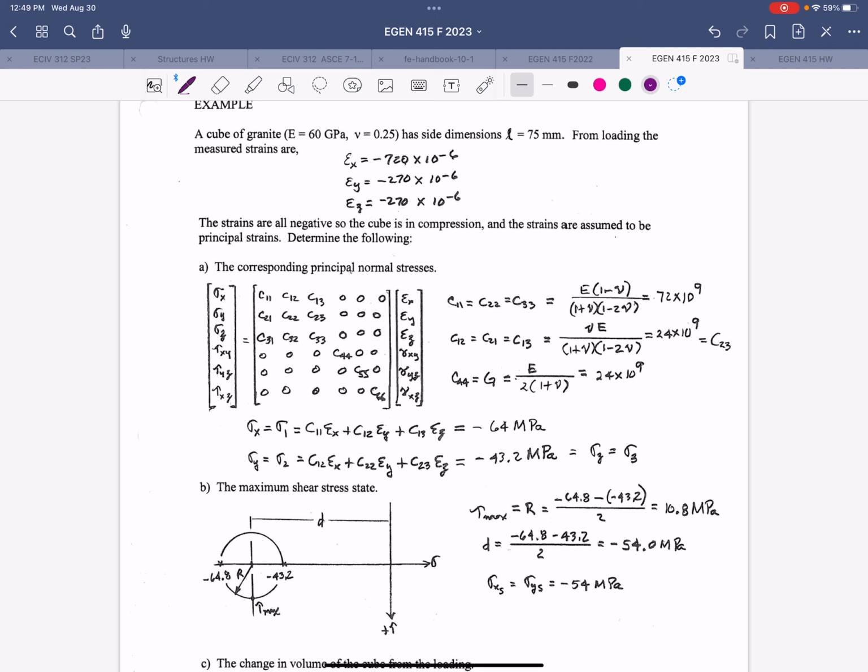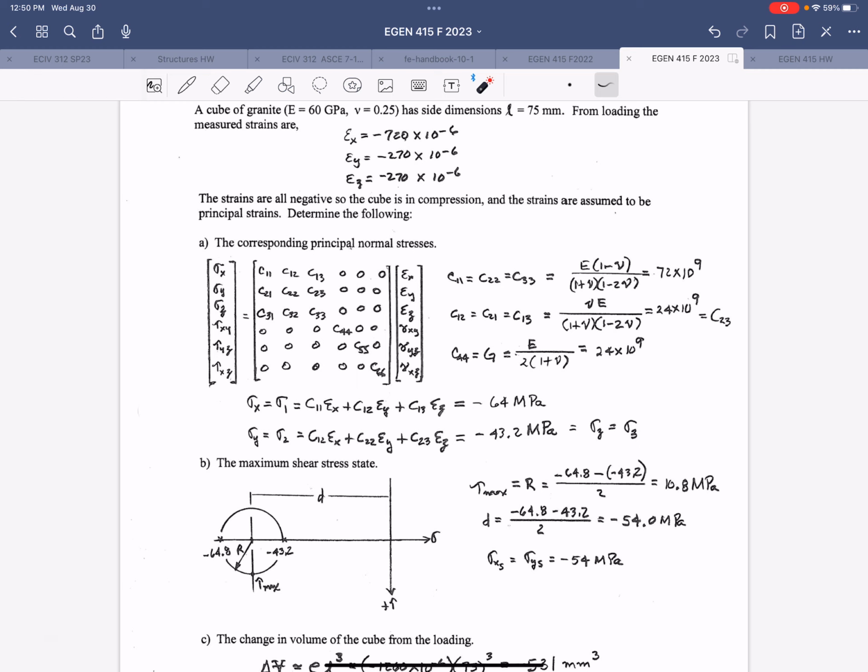So if you do that, then you just have these terms that are defined. And these are all defined in the handout from earlier in the lecture, right? So these diagonal terms are all going to be the same in this case, the first three anyway, right? And then the off-diagonal terms in the normal stress, normal strain quadrant are going to also all be the same value in this case.